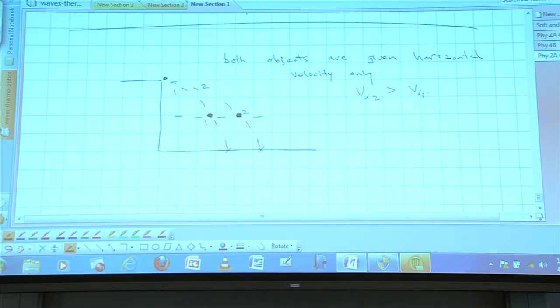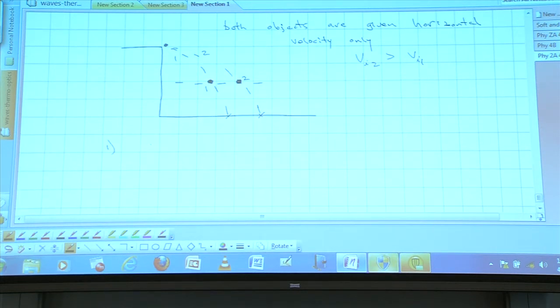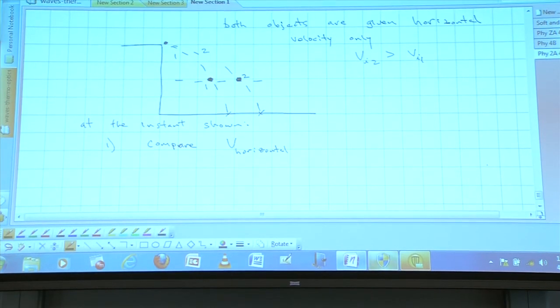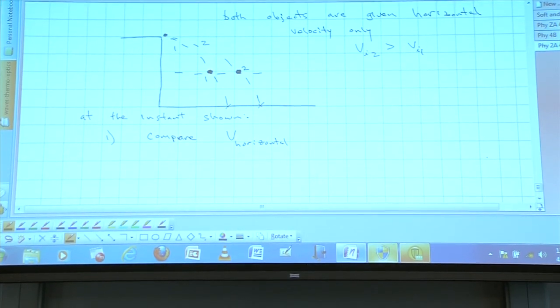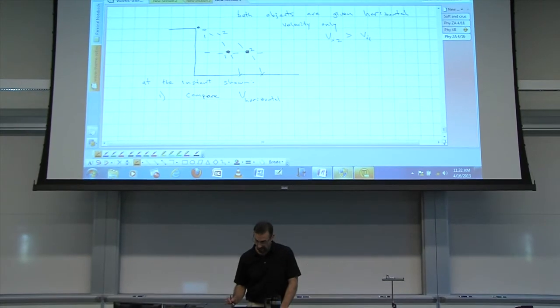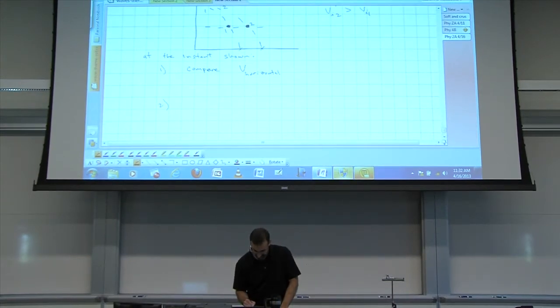All right, so at the instant shown here when they're halfway down, how do the horizontal velocities compare? Compare the vertical velocities.